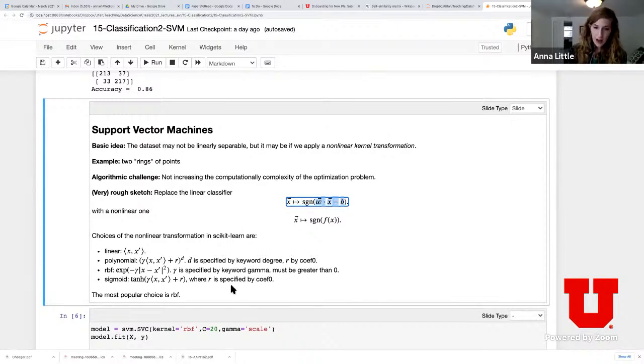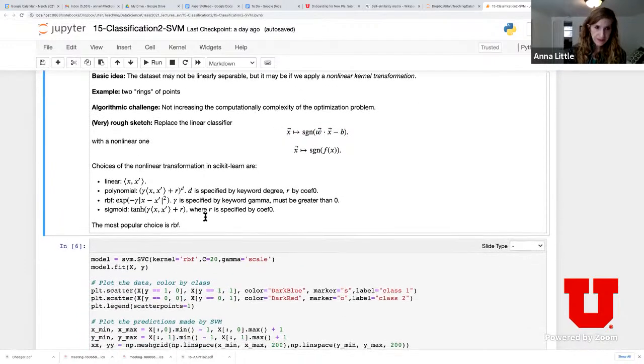So what are some of the options that you can choose? The kernel options in scikit-learn are, first of all, the linear one, but then the nonlinear options. The polynomial one is linear, but then you raise it to the d, which turns it into a polynomial of degree d.